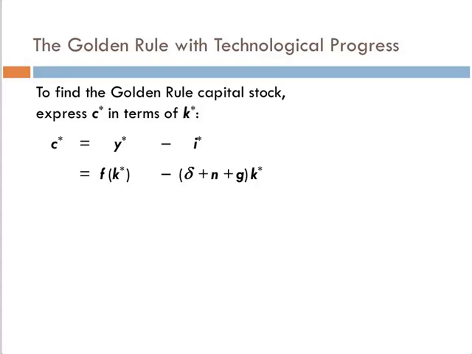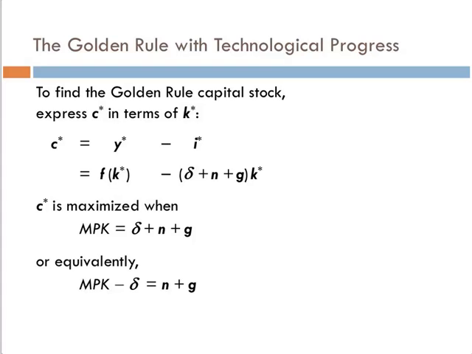And notice all we did was add in the plus G. If we take the derivative of that and set it equal to 0, we end up with the marginal product of capital equals delta plus N plus G, which we can rearrange to equal MPK minus depreciation. So you can think of this as the productive parts of capital, or the parts that are intrinsic to capital.